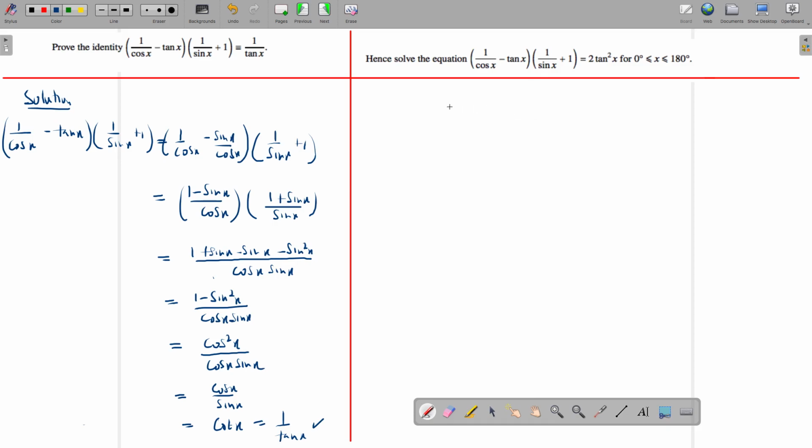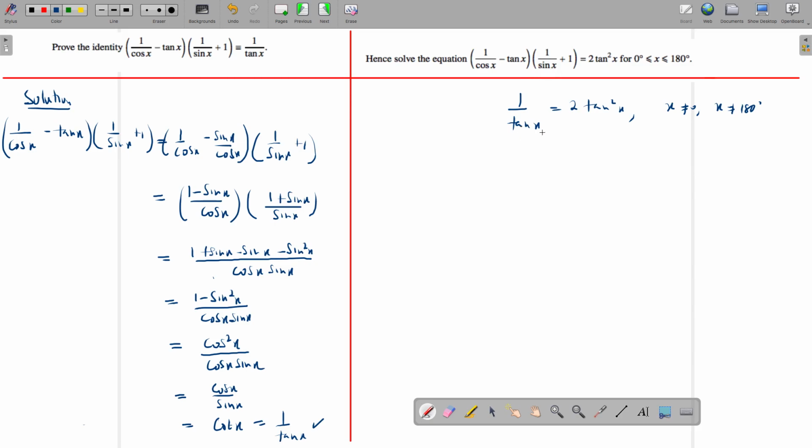Now, from the first part, the left hand side is 1 over tangent x. That's what we just proved. It is equal to 2 tan squared x. Now our x can never be 0 or 180 degrees, because when this is so, 1 over sin x is undefined.